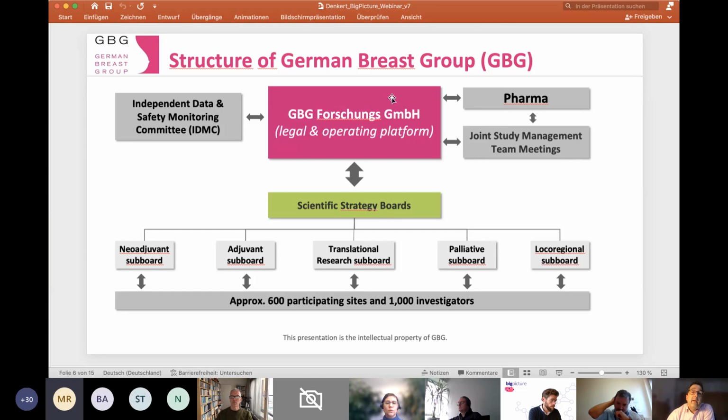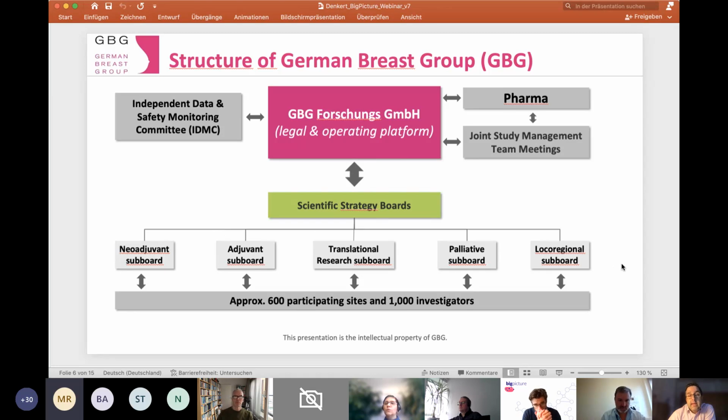The GBG was founded based on a group of clinicians from Germany with a strong focus at the University of Frankfurt, and they decided to have the GBG Forschungs GmbH as a legal and operating platform. So they are performing large multi-center clinical trials, with a scientific strategy board and several subboards.